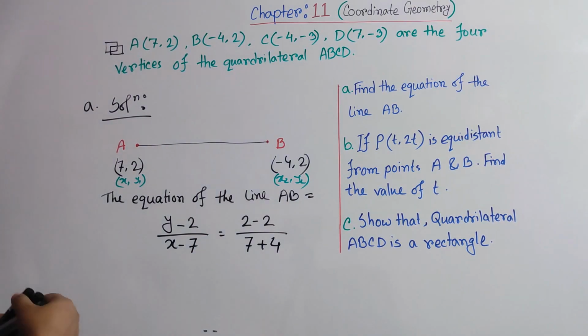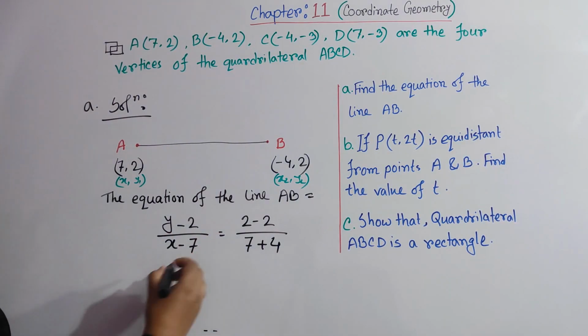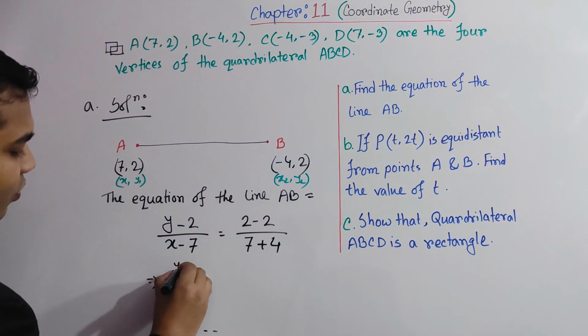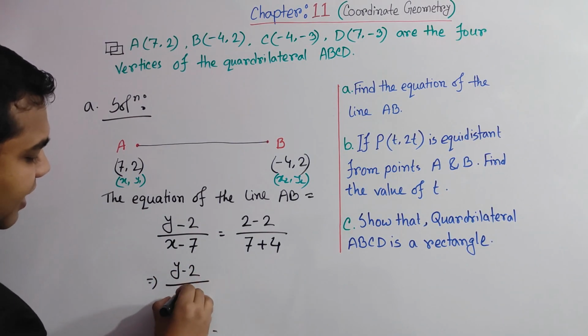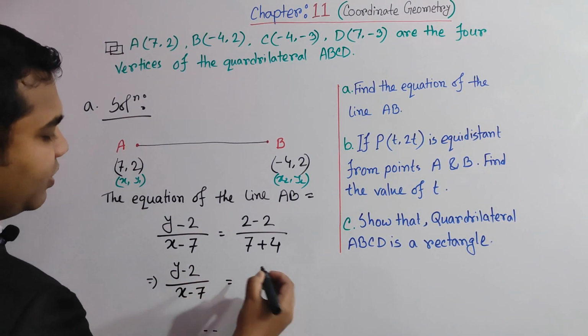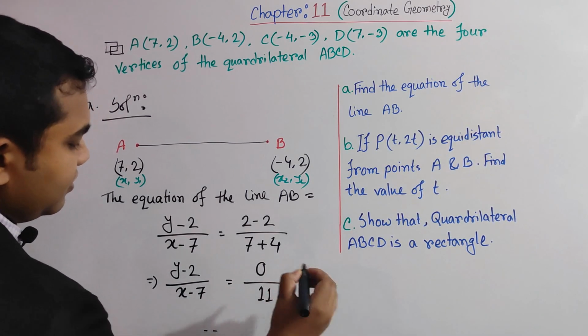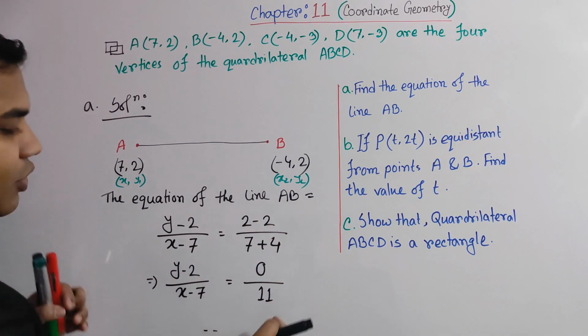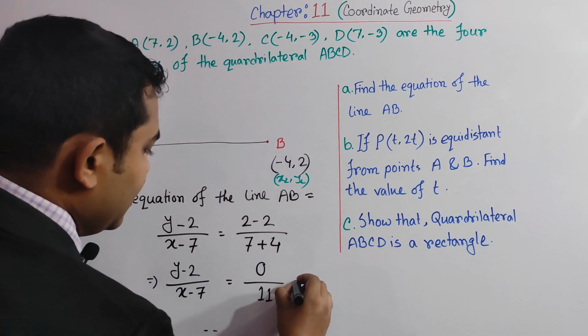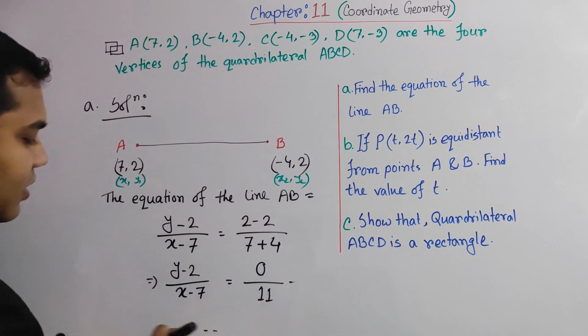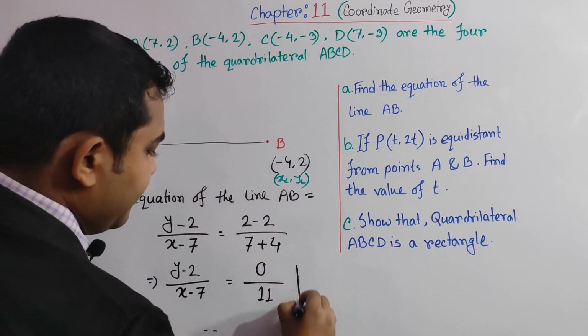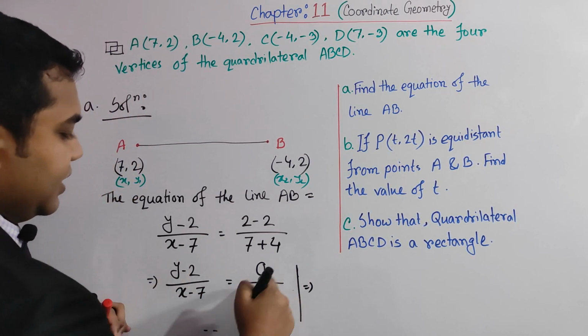If we calculate this part, we get (y minus 2) divided by (x minus 7) equals 0 by 11, and we know 0 divided by something is nothing but 0. So we can write this equal to 0.